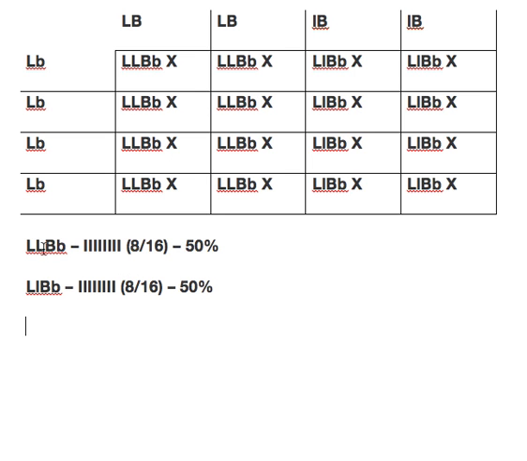Okay, now we want to figure out the probability of them having a certain phenotype, I'm sorry, not genotype. So the big L, big B, little b codes for long fur and gray fur. And big L, little l codes for long fur, and big B, little b codes for gray fur. Okay, so this is interesting.